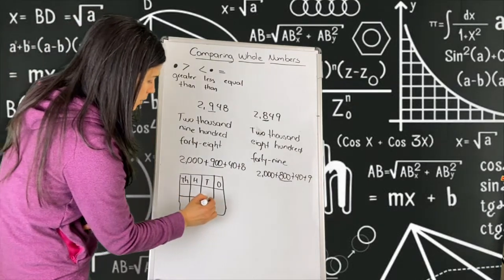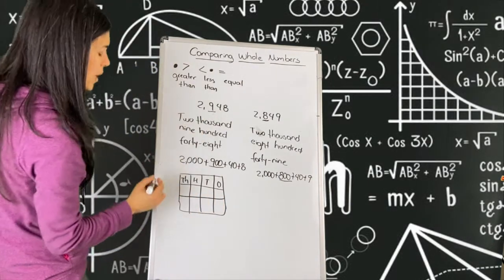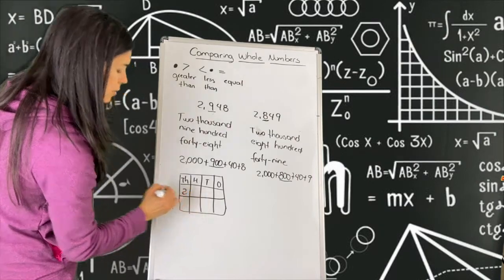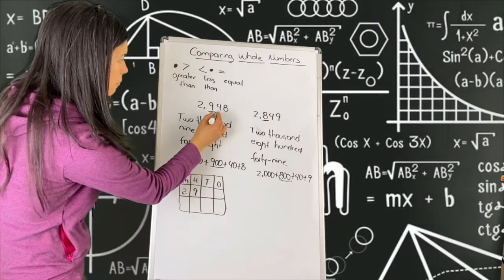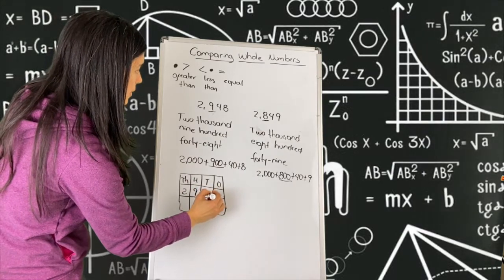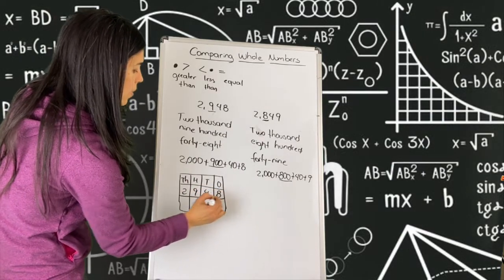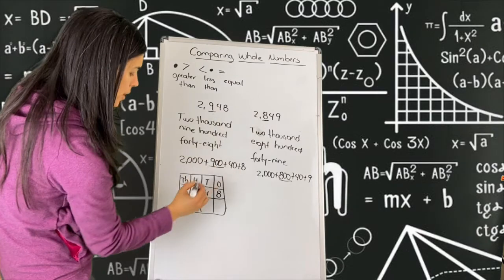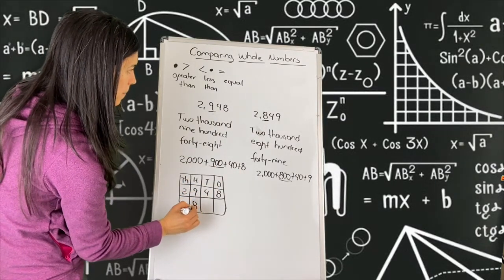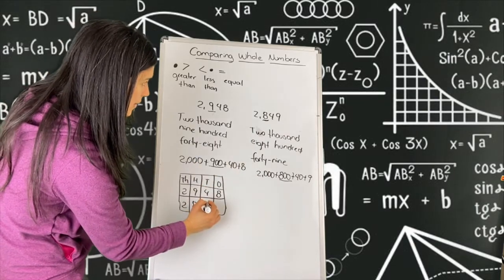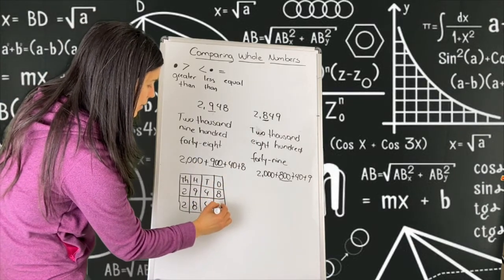Let me divide this for the two numbers. The first number has 2 in the place of 1,000, has a 9 in the place of 100, has a 4 in the place of 10, and has an 8 in the ones. The second number has a 2 in the 1,000, an 8 in the 100, a 4 in the 10, and 9 in the 1.